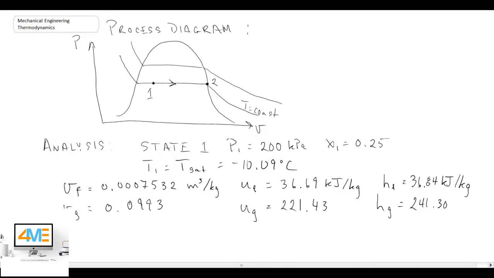Now, let's begin by determining the initial volume V1. We know the mass, and so if we can find the specific volume at state 1, we can then directly calculate the volume at state 1. So the specific volume at state 1, we're in the two-phase region, so we have a mixture.